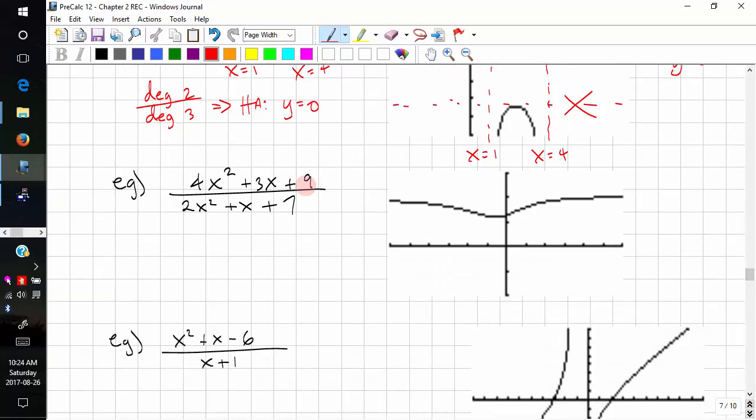This one is not factored. So let's take a look at the denominator. There's no zeros. Okay, so no vertical asymptotes. And how do I know this? We check the discriminant.